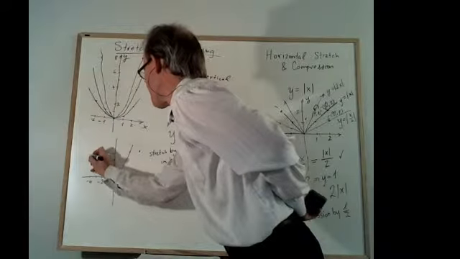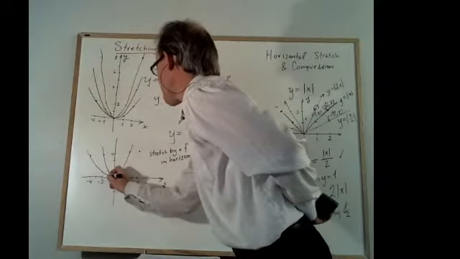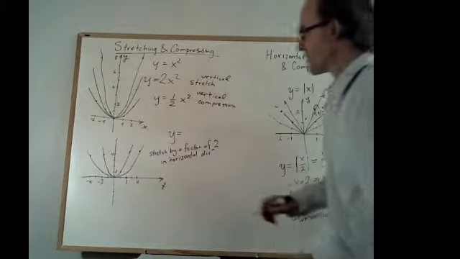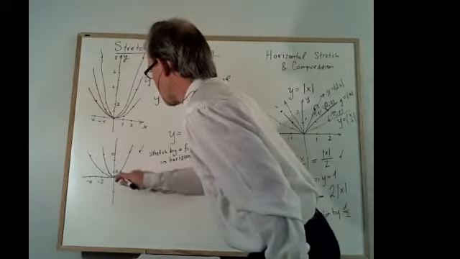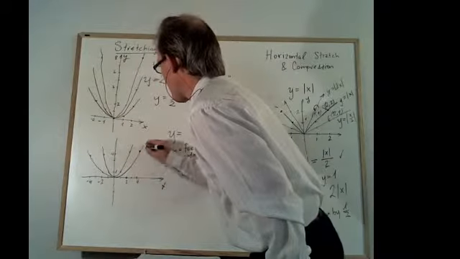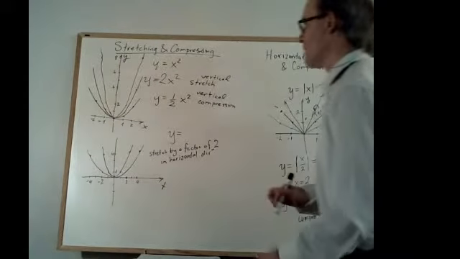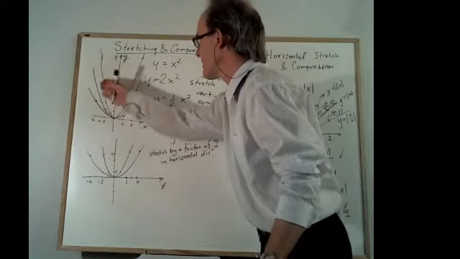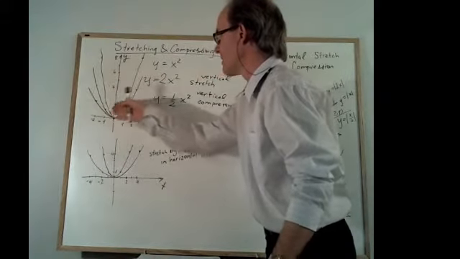Okay, so again, it's a more gentle curve. It should be symmetric. Smooth. Notice my parabolas are always smooth, there's no sharp point at the vertex.